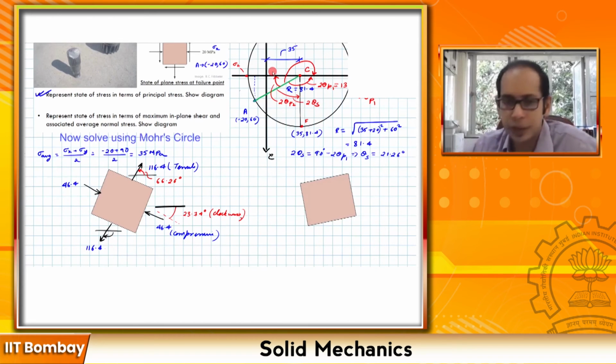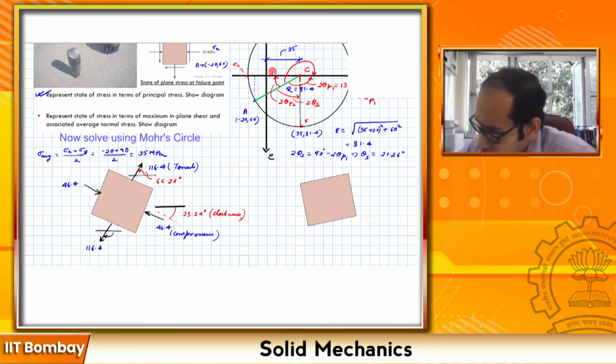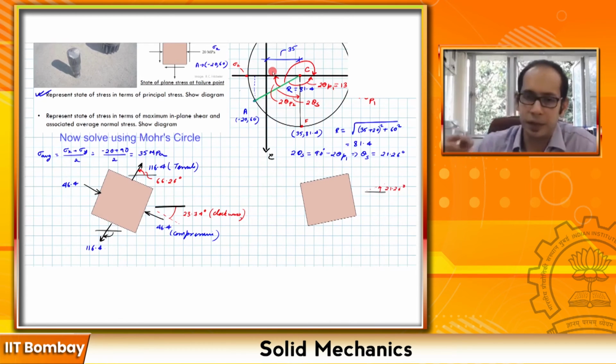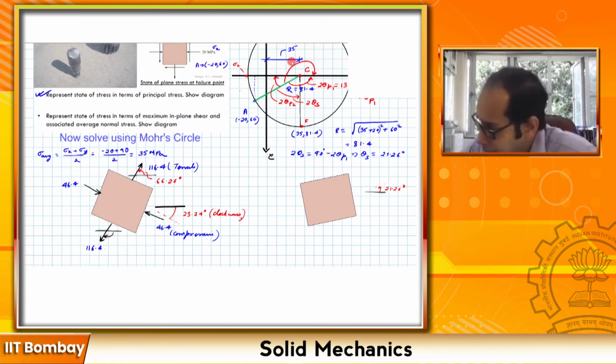So this is the rotated element, and let's mark the stresses on this one. Here this was my original horizontal, and now the outward normal for this points at 21.26 degrees, right? And here the value of the shear you see is positive, so it is going to be pointing in this direction.